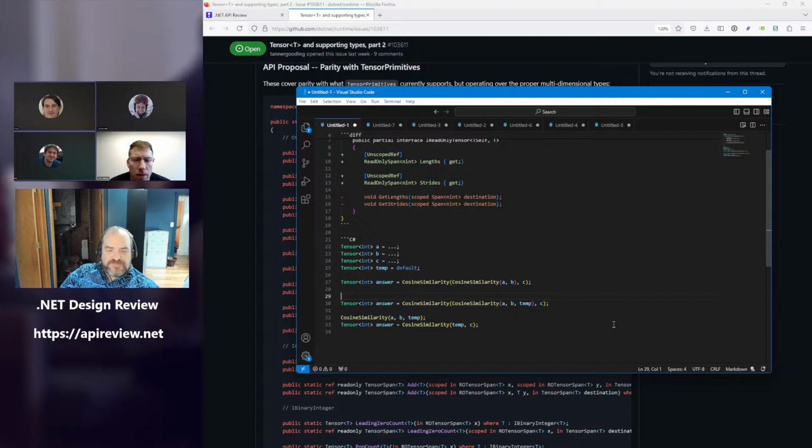Except the ones that allocate, like the ones that operate on Tensor, you're getting back a new object. You're not getting back state that you happen to provide to the first call.